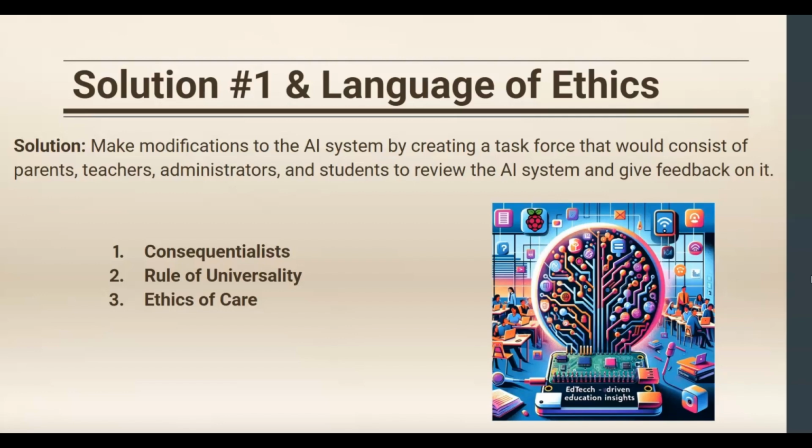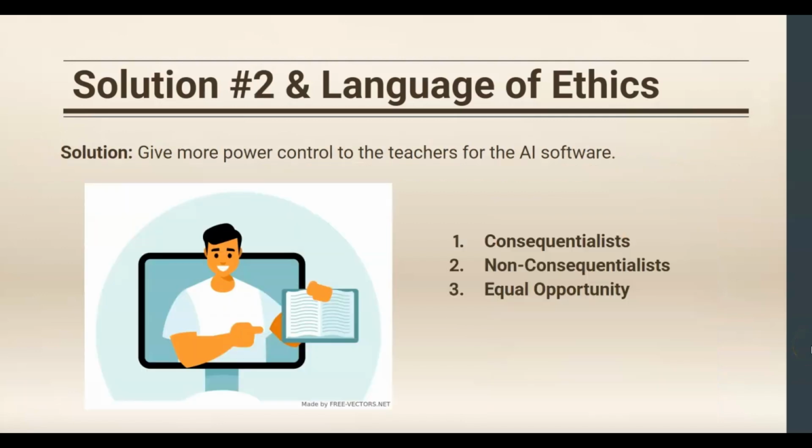So, yeah. All right. So now we're in the second solution in the language of ethics. And the one that does not support this solution is consequentialist. It's because in this solution, they are giving teachers the power to control the AI software.